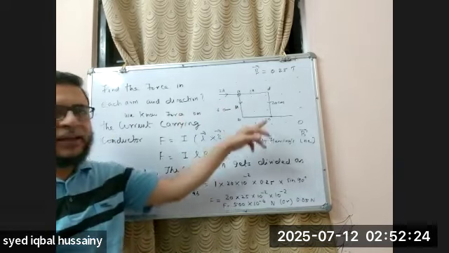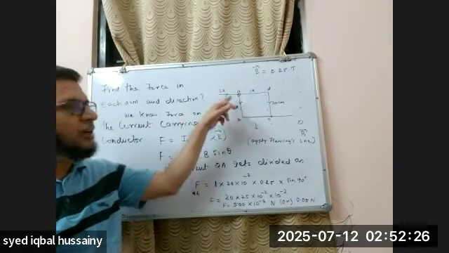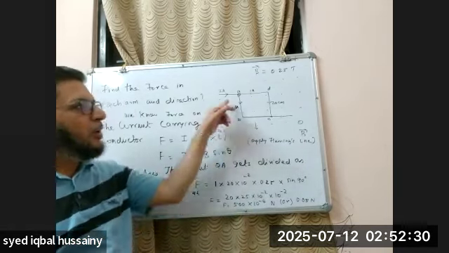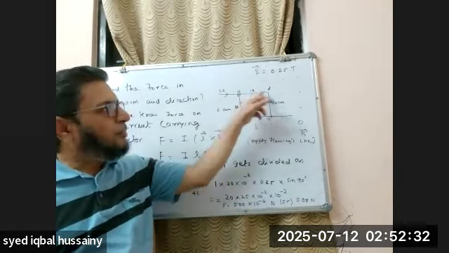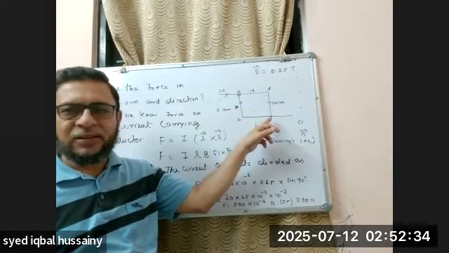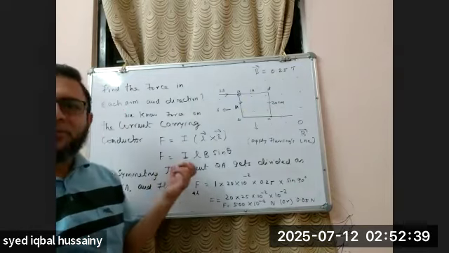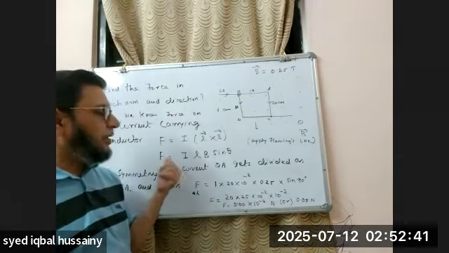Now you know the symmetrical diagram. When 2 ampere current flows, it comes and stops at the junction and gets equally divided. So 1 ampere current flows in this arm, 1 ampere flows in this arm. They join together at point C, then 2 ampere flows. Now you substitute in the formula F equal to I.